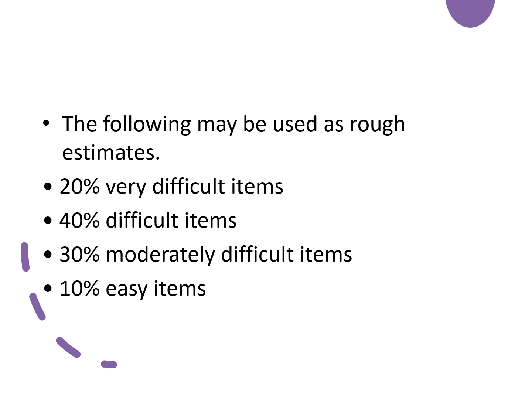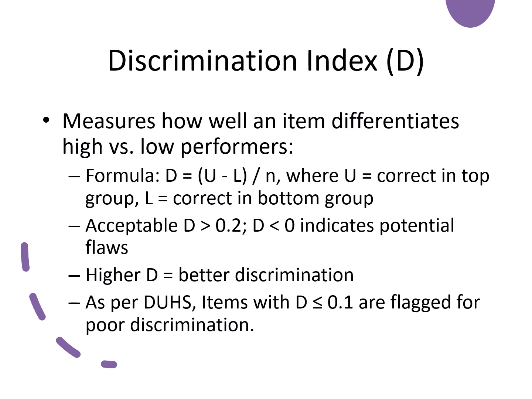So the next metric which we'll discuss is the discrimination index. The discrimination index shows how well an item differentiates between high and low performers. Usually in this formula, all of the students in the top group who have the correct responses are taken, and then this value is subtracted from the bottom group.